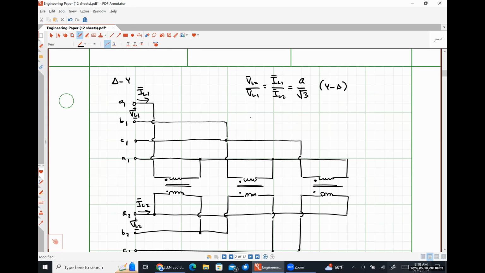I'll write it as VL2 over VL1 is IL1 over IL2 will be the square root of 3 times A, and this is for us to go from delta to Y. I want to make a caveat here for the second set of equations. We are treating the delta connected set of coils as our primary and the Y connected set of coils as our secondary.